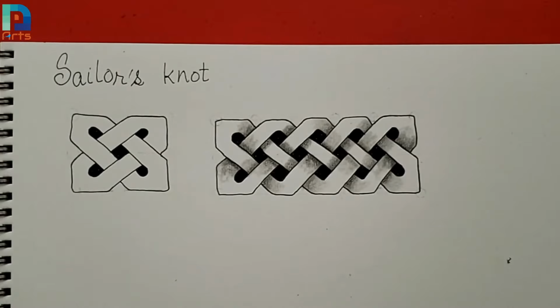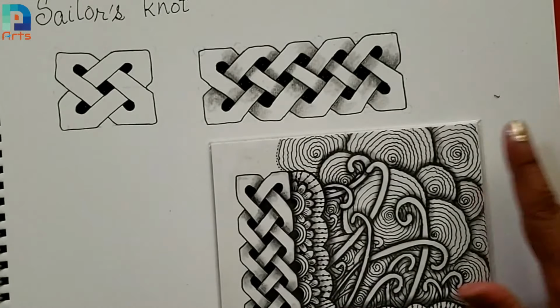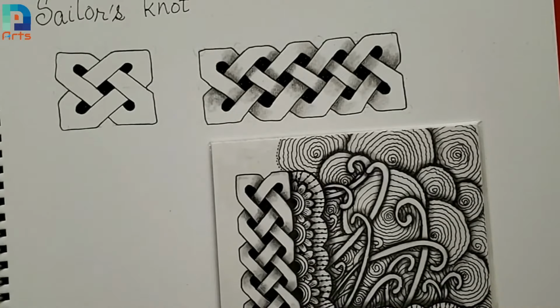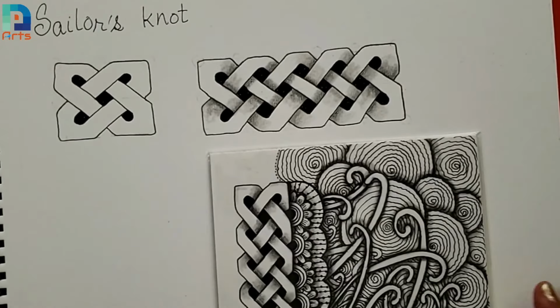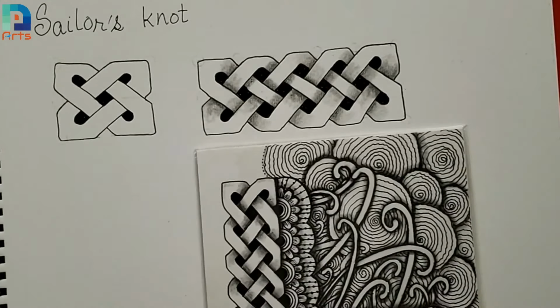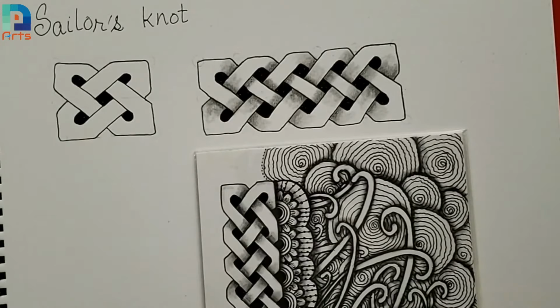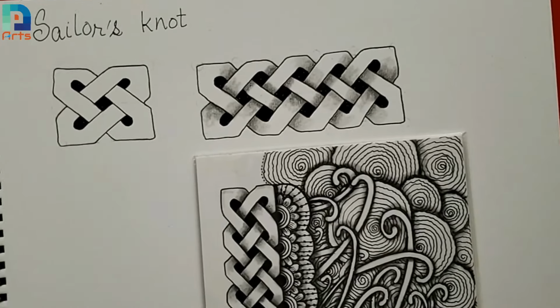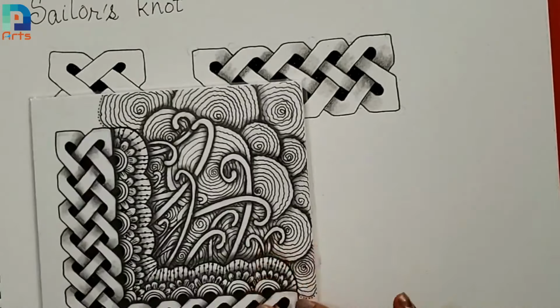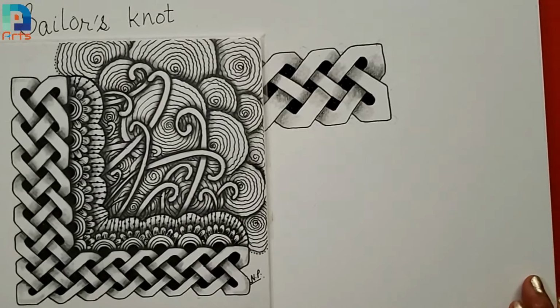As I showed you, I use this one in the L shape. The same way, we can use this knot all the way to make a frame or to make just the border of any artwork. It's your choice how you want to use this one. This is the sailor's knot, guys.